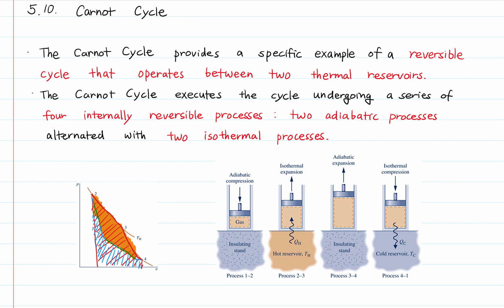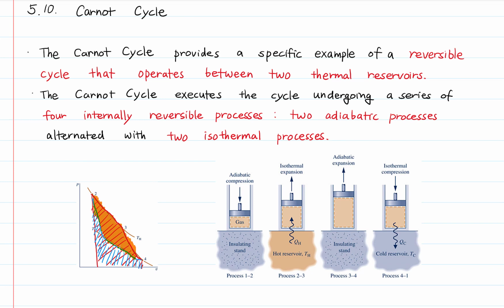Second, the system has perfect insulation during the adiabatic process, so there is no heat transfer. The system is also a perfect conductor during the heat transfer process. Third, the compression and expansion processes are reversible.